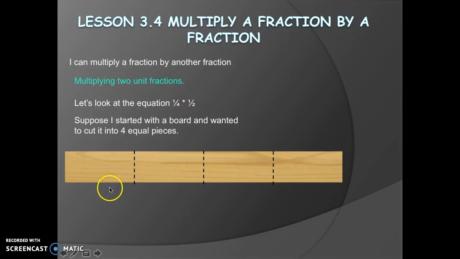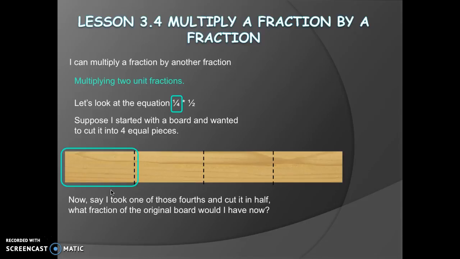So let's just look at a fourth and cut that. There's my fourth. We're going to cut it in half, right? So there is half of a fourth. What I need to know, though, is what fraction of my whole board is just this piece. So to help me, I want to cut all of the fourths into halves.